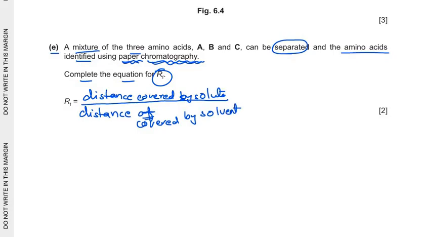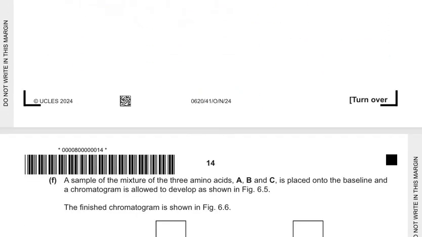You can even say distance traveled by solute, that is fine. So the main part is distance of the solute upon distance of the solvent, and that is the RF value. Let's see what the next sub question is.